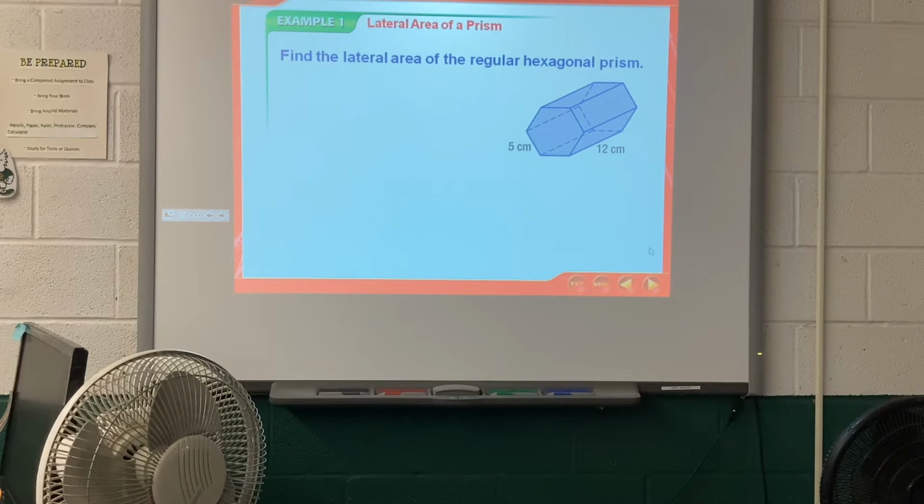And then what's my height? 12. So I take 30 times 12 and I get 360. Now what's the label? Centimeters squared. It's still got to be squared, because we're still multiplying two lengths together. It's still an area. That makes sense? Okay?